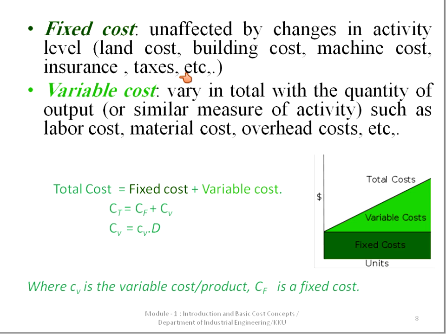So whether you produce more or less, whether your output is more or less, these costs, the land cost which you purchased, building costs which you built, machine cost which you purchased, insurance and taxes which you are supposed to pay, will never change. They are constant. So these costs are called fixed cost. Fixed cost will not change even though the demand changes or the output changes.